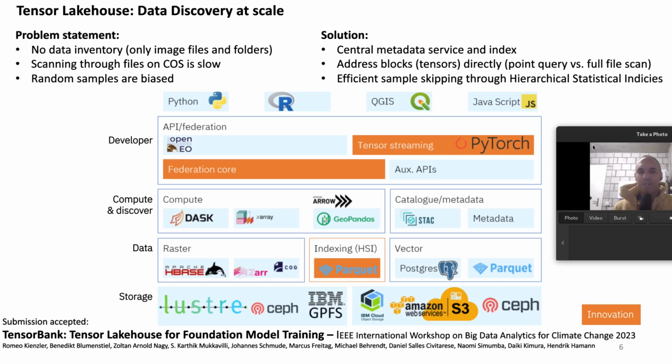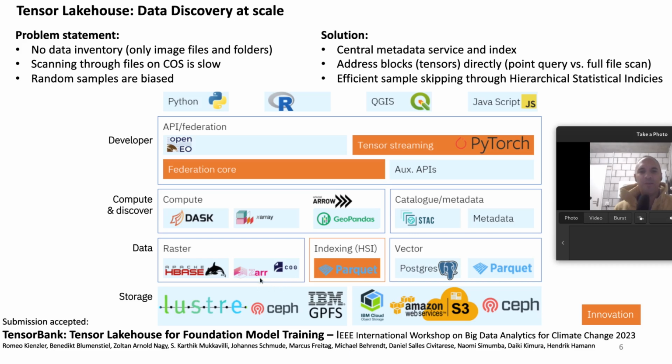And what we actually do is we store a specific file format, or at the moment we are using two specific file formats. It's actually COG, Cloud Optimized GeoTIFF, or Zarr. Zarr is something like Parquet, but it's capable of storing multidimensional tensors. And here we have COG, which is Cloud Optimized GeoTIFF.